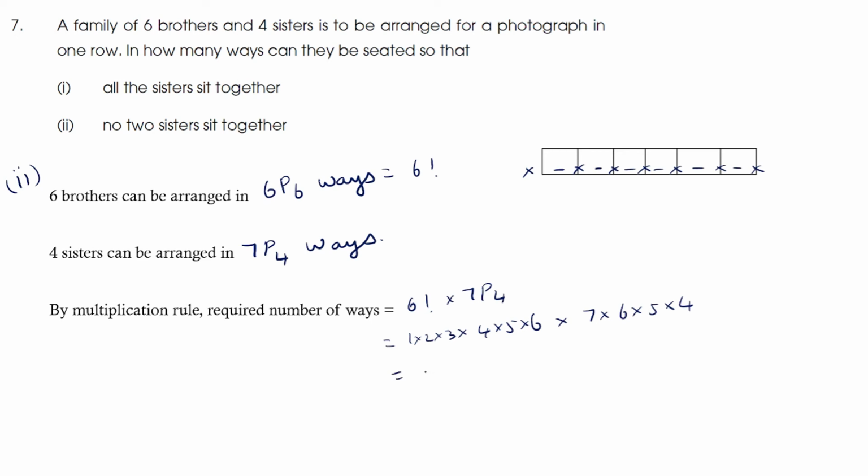Now when we multiply these two, we get 6,04,800. So these are the number of ways in which no two sisters will sit together.